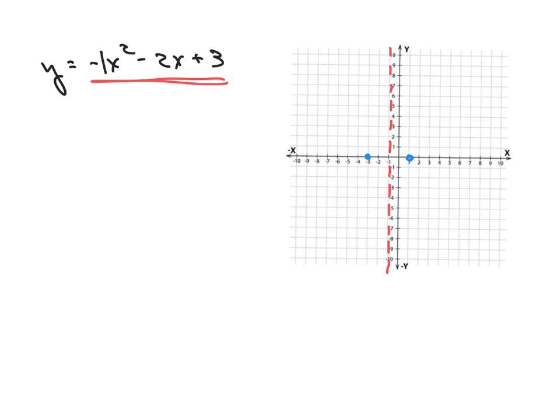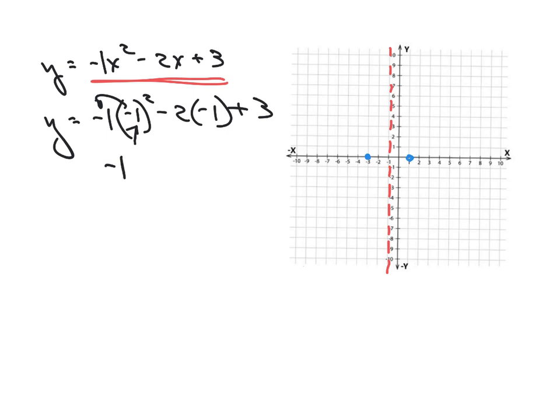So again, because our asymptote was -1, let's go ahead and put that in for x. Minus 2, -1. So this is going to be squared, so -1 times -1 is 1, times -1 is -1.